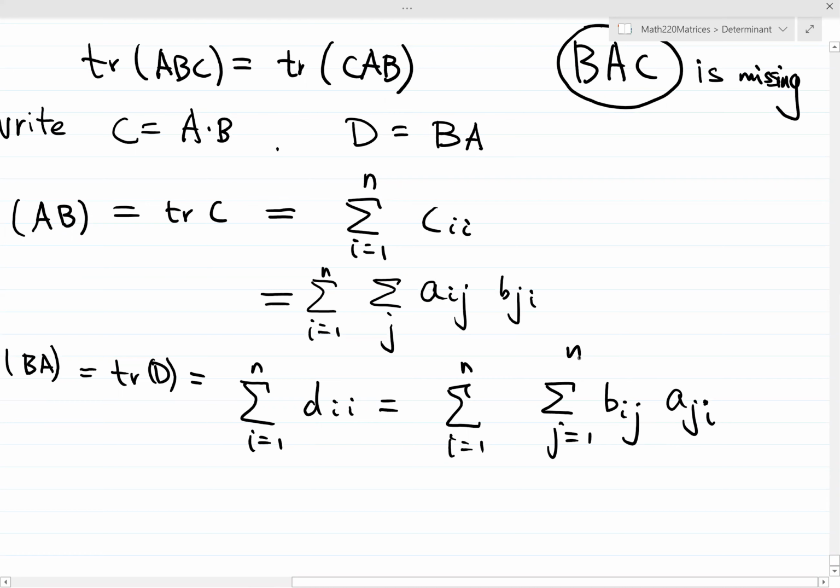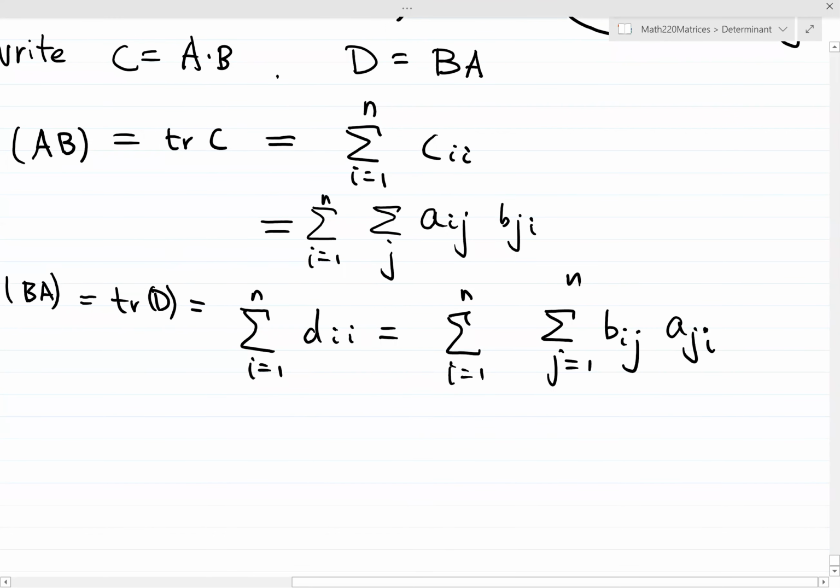Now remember, addition is commutative, so you can switch the summation. You can always do that.